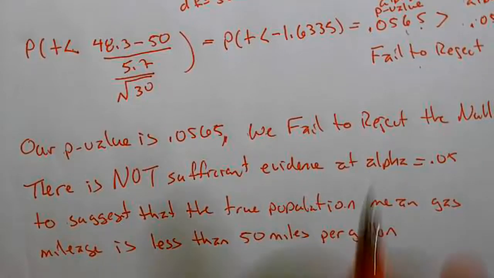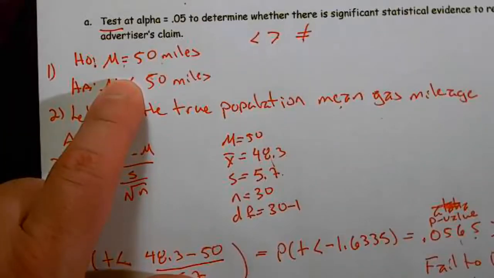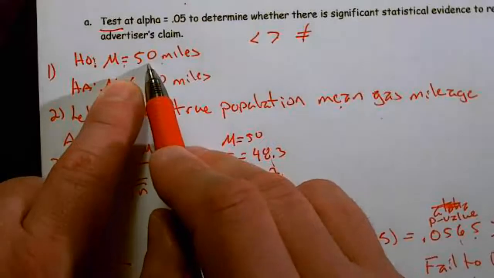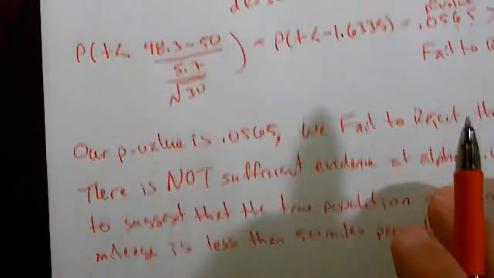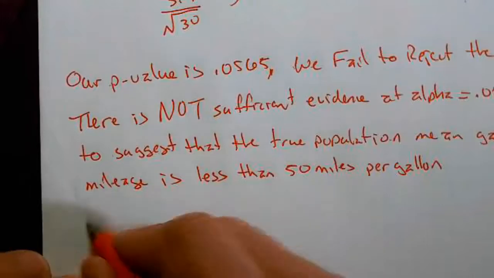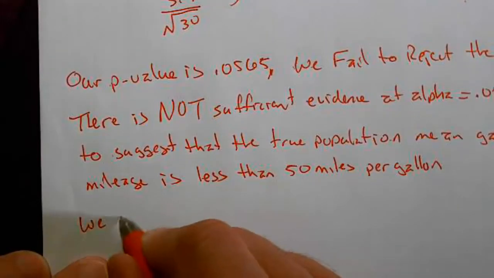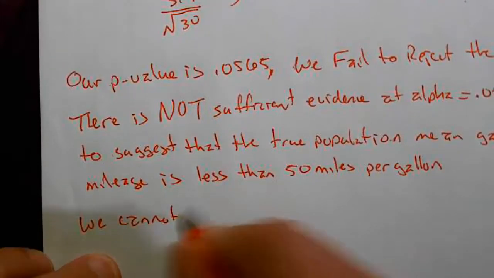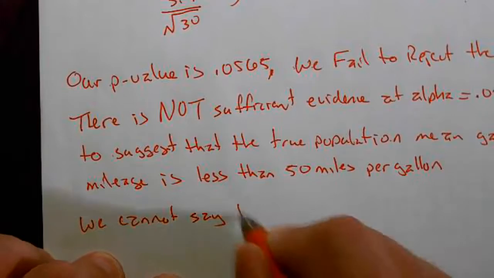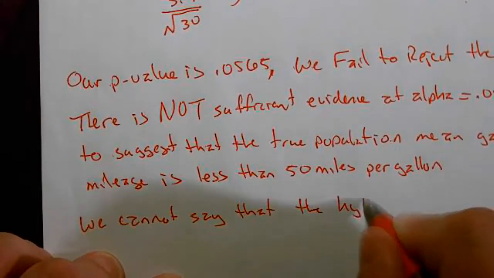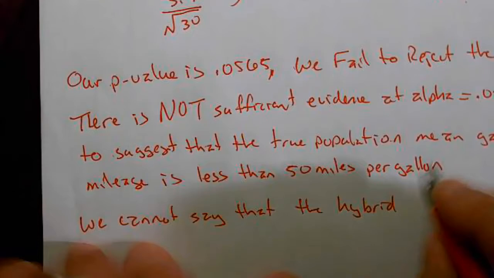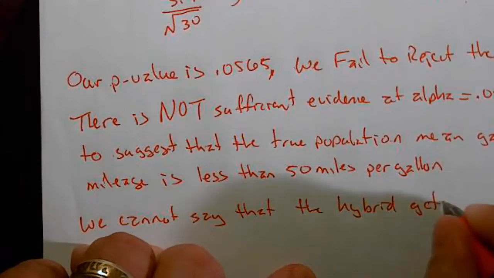Okay, so we couldn't reject this. Since we can't reject this, that means we have to go, you know what? Can't reject it. So simplified, we cannot say that the hybrid gets less than 50 miles per gallon.